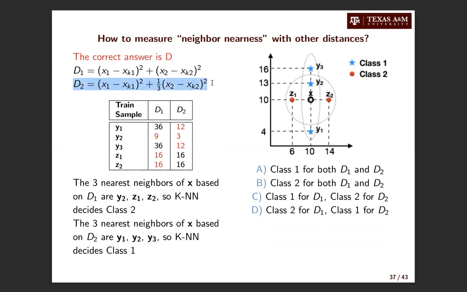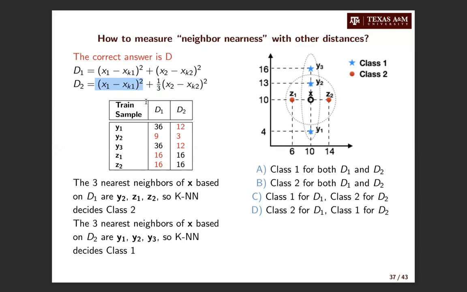If we express D2, that would be a modified version of the Euclidean distance, where the second dimension, the y-axis essentially, would have less weight in how it contributes to the distance. Specifically, the y-axis would contribute 3 times less to the distance D2 compared to the x-axis.